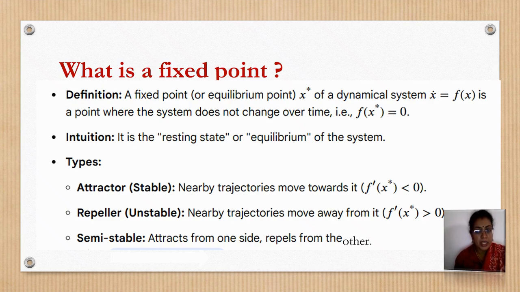But how do we see this mathematically? You take the differentiation of f of x, and substitute the fixed point into that. So when f prime of x star is less than 0, you call that a stable fixed point. And if it is greater than 0, then it is an unstable fixed point.